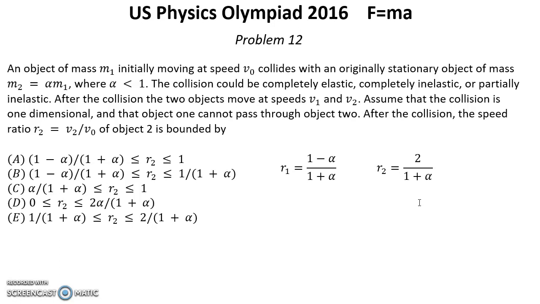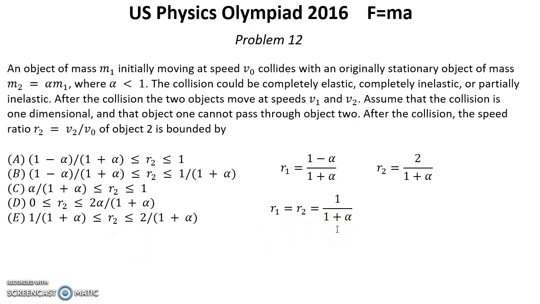In case of alpha less than 1, the first object is moving after collision in the same direction as before, rebounding object 2, and object 2 has maximum possible speed after this collision. If we have absolutely inelastic collision, they stick together after collision, and object 2 has the minimum possible speed, which we can find from this relation.